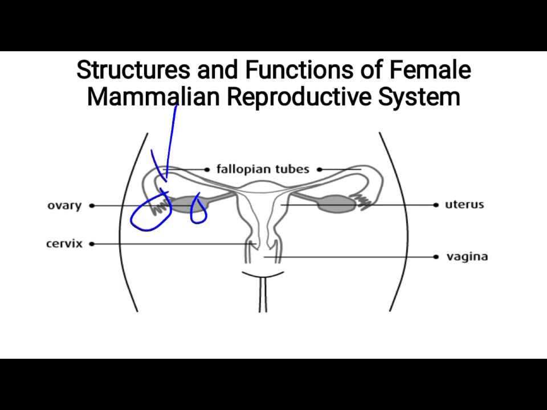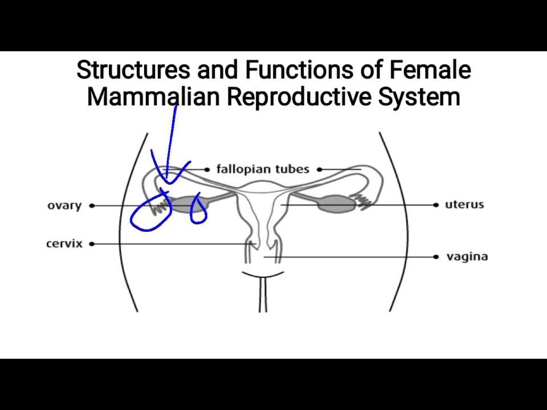Now when fertilization has taken place, the fertilized egg, which is now a zygote, will begin to divide through the process of mitosis, from 1 cell to form 2, from 2 cells to form 4, from 4 cells to form 8, from 8 to form 16, and so on and so forth.